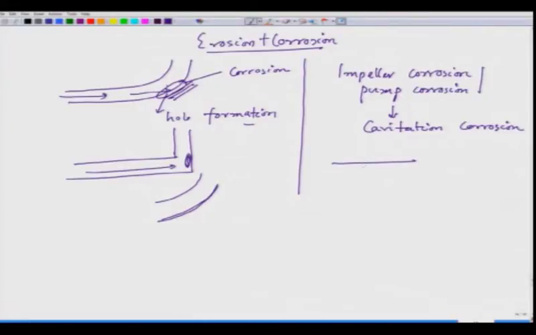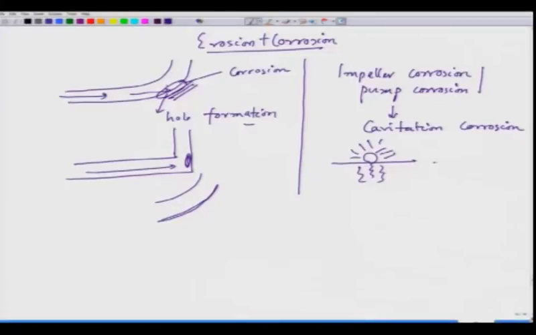Because of the pressure change, water bubbles form, and then when the pressure increases, these water bubbles collapse on the metal surface. During bubble collapse, the shock waves it generates go towards the metal side, and these shock waves can even deform the metal surface.